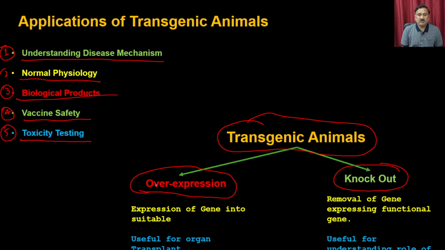Overexpression is used in cases where you overexpress a protein so that the therapeutic or nutritional value of the product from the animal is increased, or in general the animal itself carries that particular gene. So, that is one advantage. In a knockout, you remove the functional gene, and that is useful for understanding the role of that particular protein in any kind of disease mechanism.